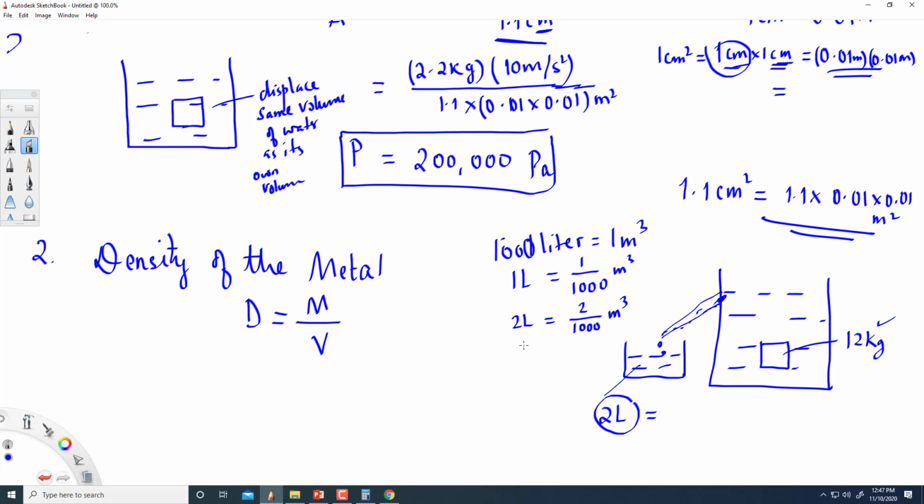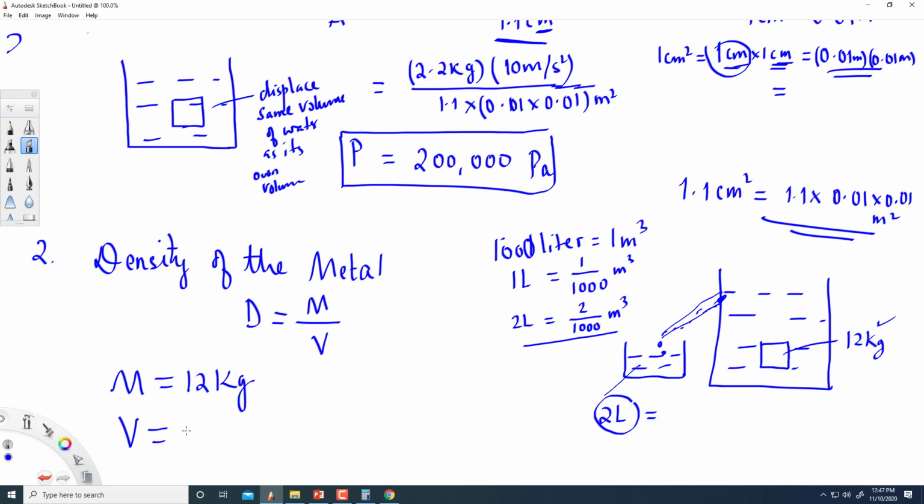So that is the volume of the metal, because the metal displaces the same volume of liquid as its own volume. So we have mass given, 12 kilograms, and we just found the volume.